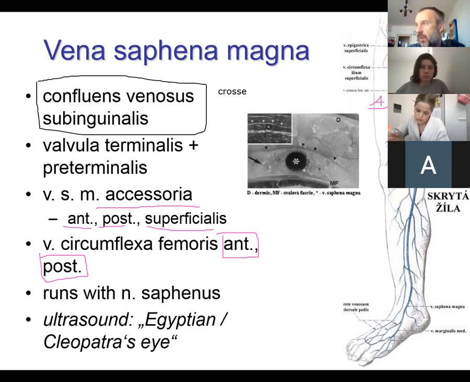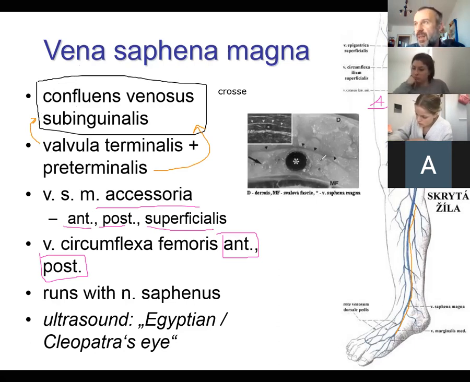The great saphenous vein runs together with the saphenous nerve, but only in the leg, not in the thigh. And here at the end, it possesses two valves which border the confluence. So a terminal valve at the end and a pre-terminal valve at the beginning of the confluence. So in this area.